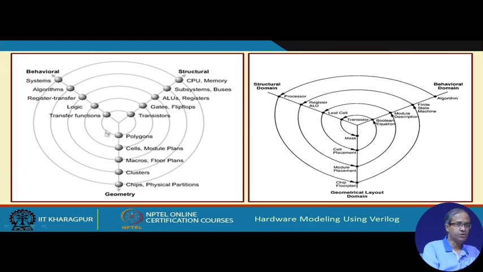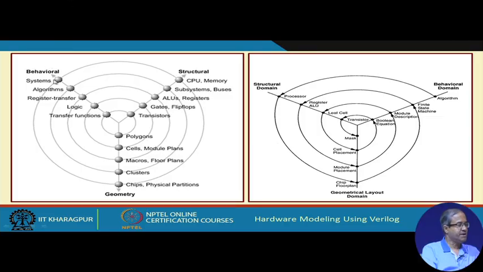Here we have shown it in a slightly different way: behavior, structural, geometry, and you see we have drawn some concentric circles. The outermost circle indicates the most abstract design. At the behavioral level, this outside circle indicates systems. At the highest level, my system may consist of 2 processors, 1 memory and 1 I/O module.